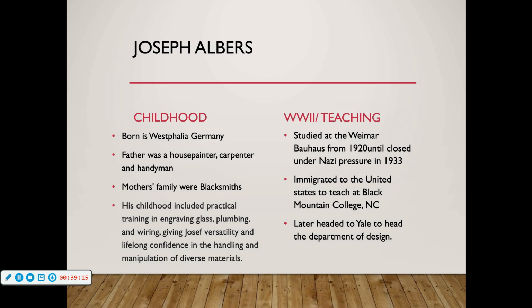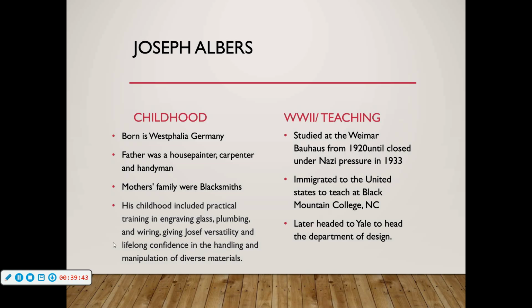So Joseph Albers, his childhood. We'll talk a lot more about Munsell, so I'm going to go into Albers just a little bit more here. He's born in Westphalia, Germany. His father was a house painter, a carpenter, and a handyman. And his mother's family were blacksmiths. His childhood included practical training in engraving glass, plumbing, wiring, and it gave Joseph a lifelong confidence in the handling and manipulation of diverse materials.